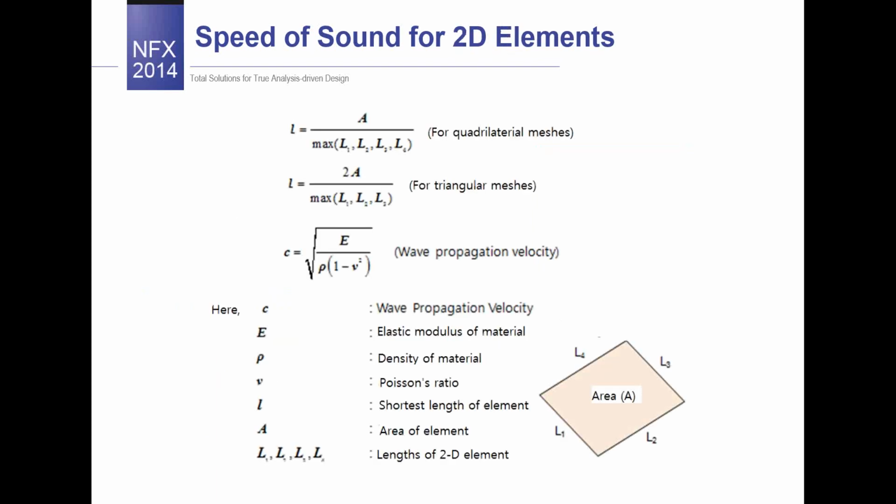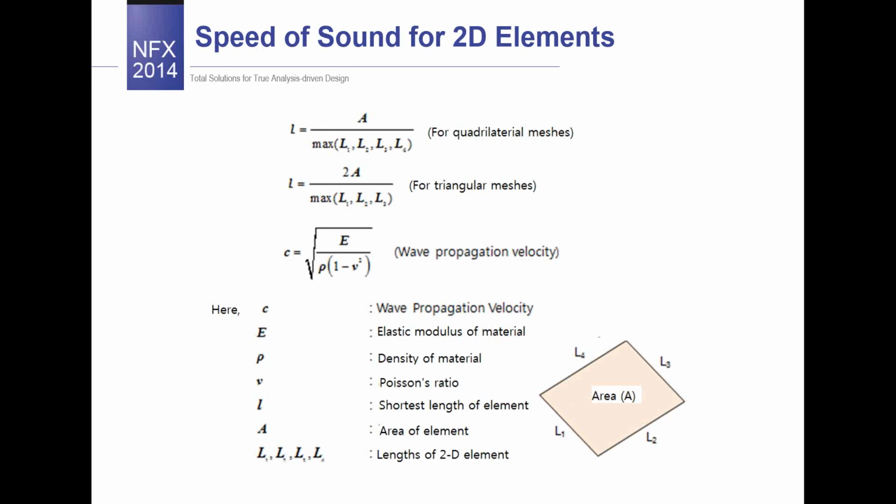So the next slide shows the simplified calculation for wave propagation in two-dimensional elements. For quadrilateral meshes, the characteristic dimension L equals the area of the element divided by maximum edge length. For triangular meshes, the area is multiplied by 2 and then divided by maximum edge length.